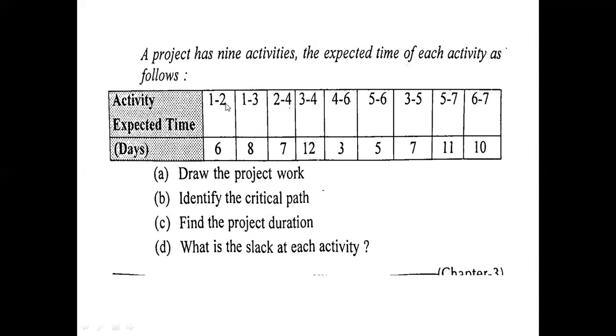From the first to second event, the duration is 6 days, first to 3 it is 8 days, 2 to 4, like that. According to this, we have to draw the project network diagram, identify the critical path, and also find the project duration and the slack at each and every activity.